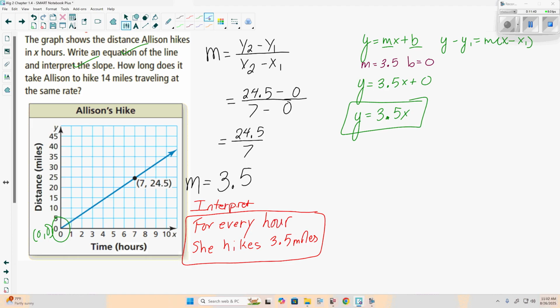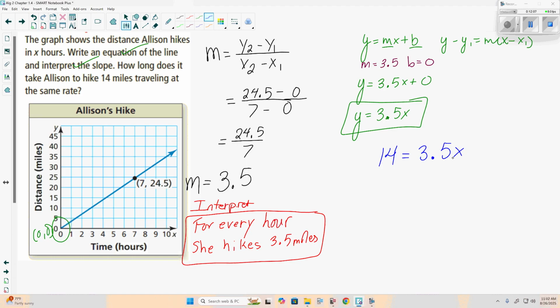How long does it take Allison to hike 14 miles, traveling at the same rate? So miles, our distance, is that our x variable or y variable? It's the y variable. So to solve this here, to find that x value, we need to replace the y with 14. 14 is equal to 3.5x.